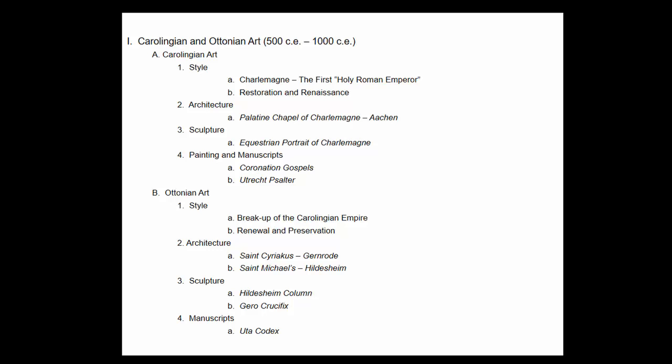But as the empire started to collapse and crumble, this region splintered off and became its own territory under a series of kings. And Charlemagne, or Charles the Great, that's what Charlemagne means, was one such Frankish king.